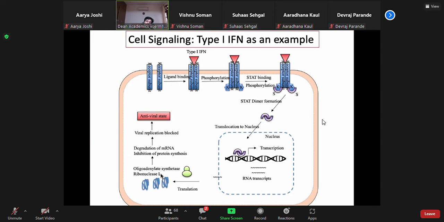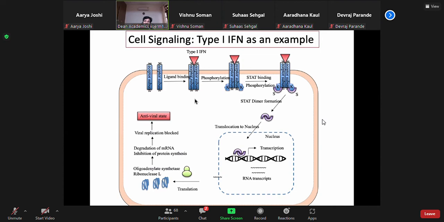For example, if you have ribonuclease L activated, this is going to degrade mRNA in the cell, and as a result the virus will not be able to divide in these cells. Degradation of viral genetic material, right? And when protein synthesis is inhibited in these cells, you achieve what we call an antiviral state. This is how type 1 interferons work to block viral activity. This can occur in an autocrine manner, but more efficiently in a paracrine manner.